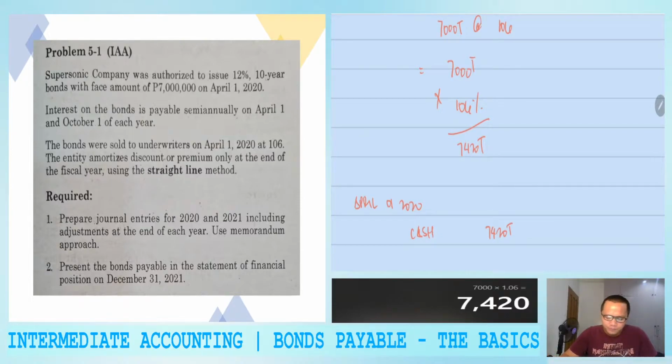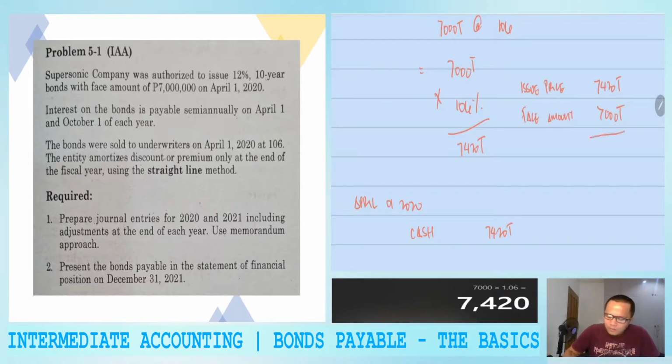Now, the next thing that we need to do is compare the issue price versus the face amount, which in this case is 7 million.